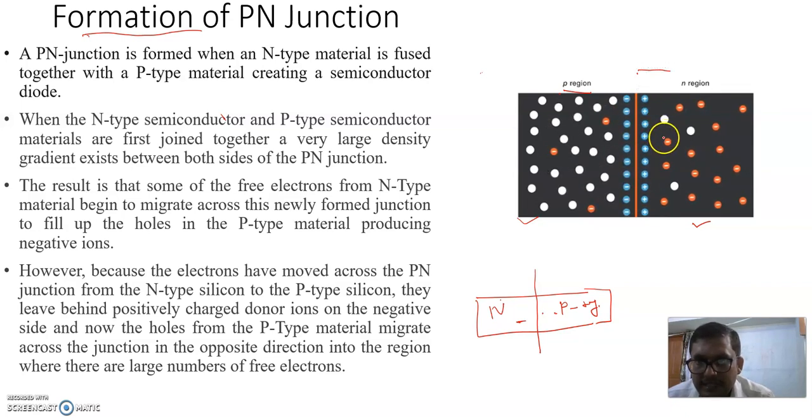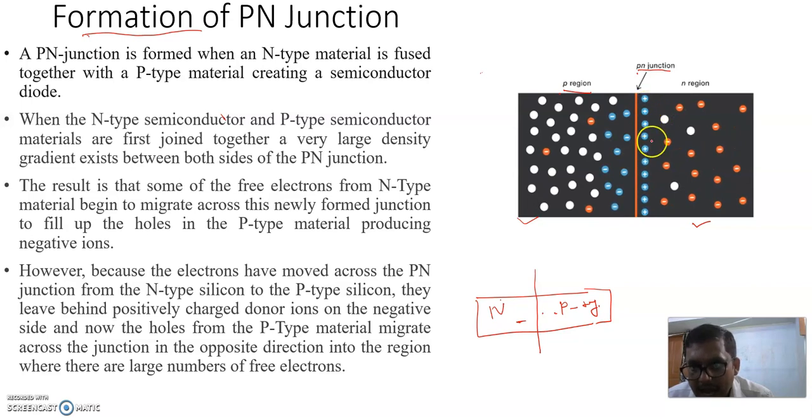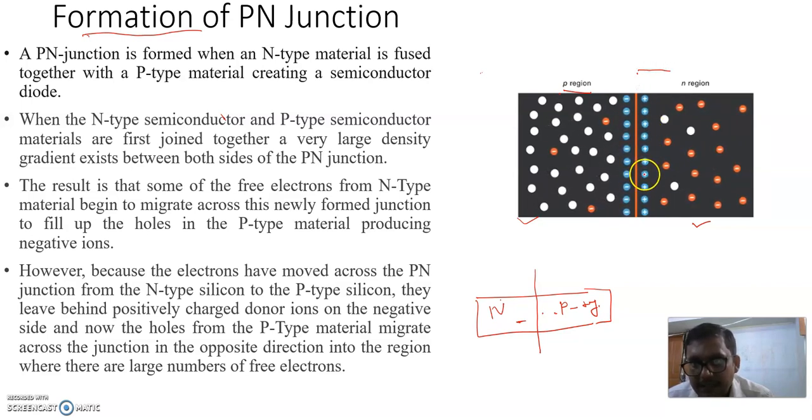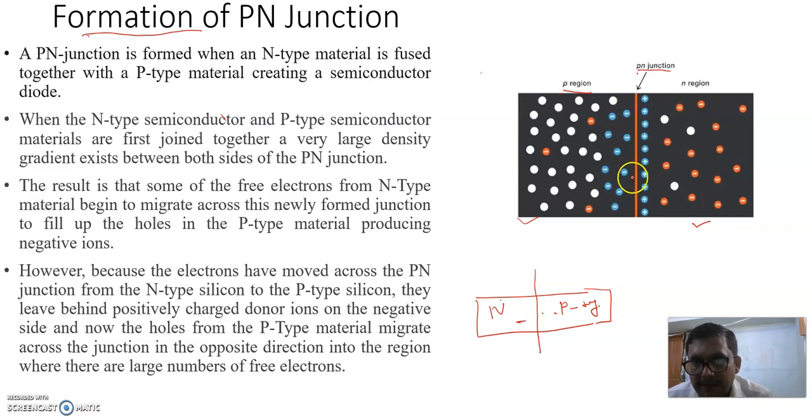From the animation we can observe that electrons are moving from N type to P type, then positive donor ions are created at the junction. Since electrons are moving from N type semiconductor to P type semiconductor, negative acceptor ions are created in the region of the P type semiconductor.